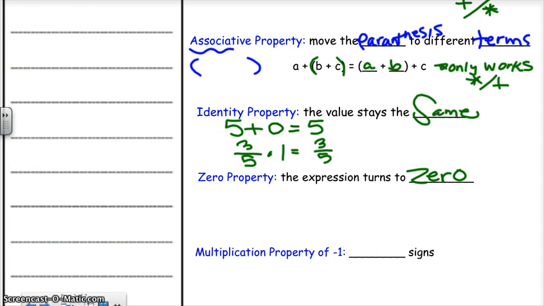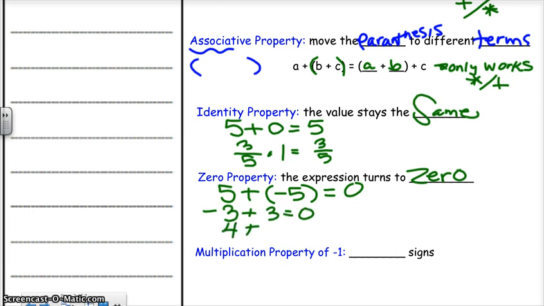With addition, you would be adding its additive inverse, right? 5 plus what would give me 0? Negative 5 gives me 0. So if you add the opposite of what it is, it's going to give you 0. Negative 3 plus what? Yep, gives me 0. 4 plus what? Negative 4 gives me 0.